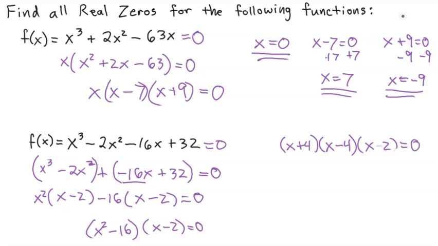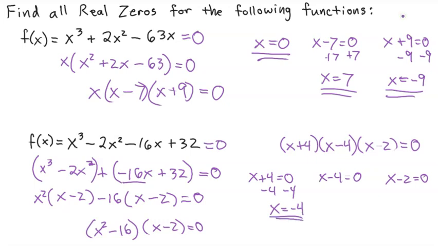Okay. Now what we do is we take each one of these and set it equal to 0. x plus 4 equals 0. x minus 4 equals 0. And x minus 2 equals 0. Okay. Now we're going to subtract 4 from both sides, and one of our solutions is x equals negative 4.